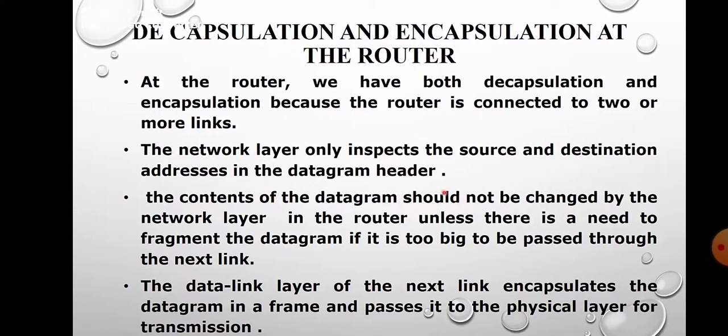The contents of the datagram should not be changed by the network layer in the router unless there is a need to fragment the datagram. If it is too big, it can be fragmented and then passed through the next link. The data link layer of the next link encapsulates the datagram in a frame and passes it to the physical layer for the transmission.